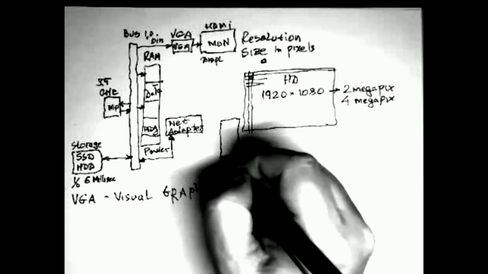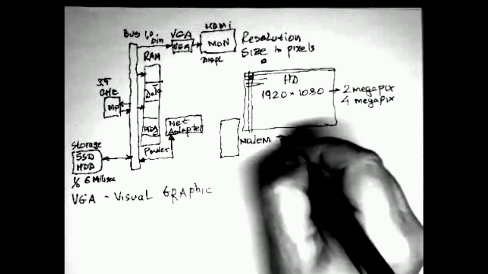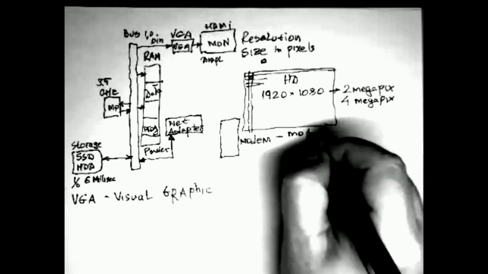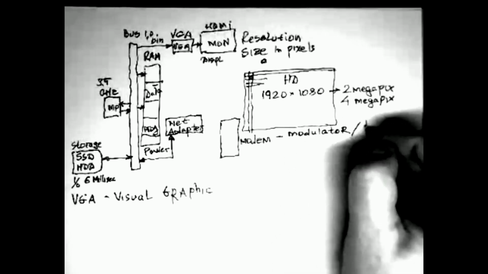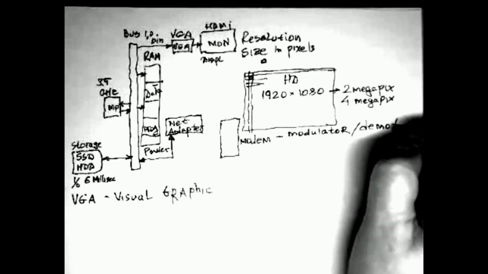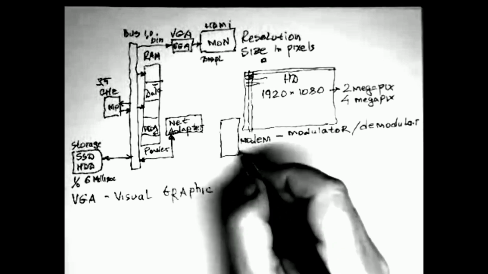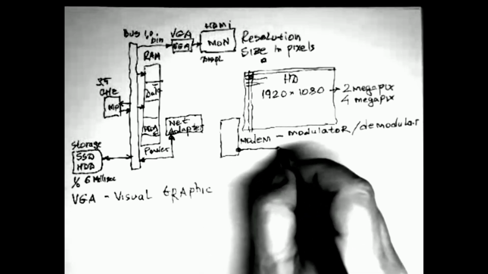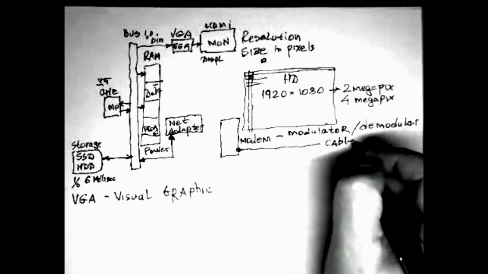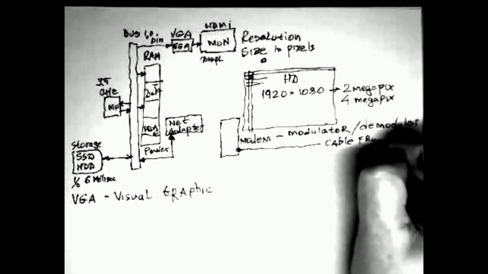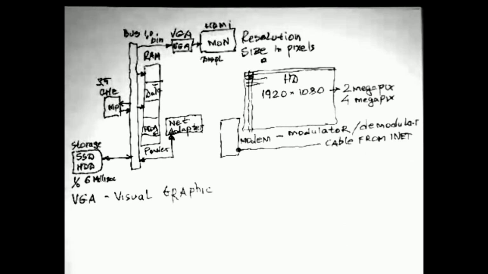Modem, by the way, could be translated as modulator slash demodulator. A modem is the point where the provider's internet cable is connected. It's a cable from the internet provider.